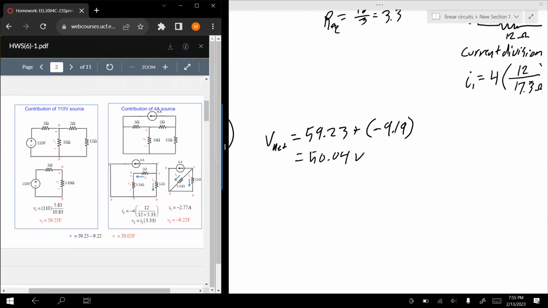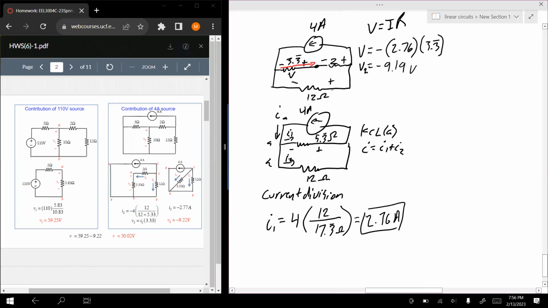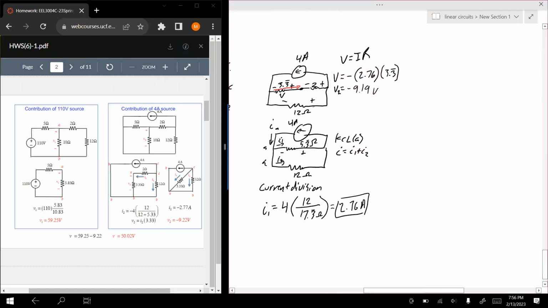Look at that. So it looks like for them, what they did is that when they found the current I2, instead they put the negative in front of the 4 here, making the total current negative. Whereas for me, I worked under the assumption that it didn't agree with passive sign convention.